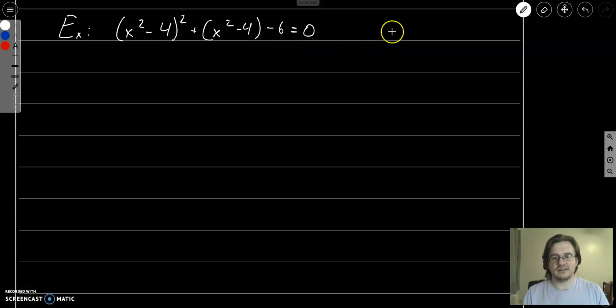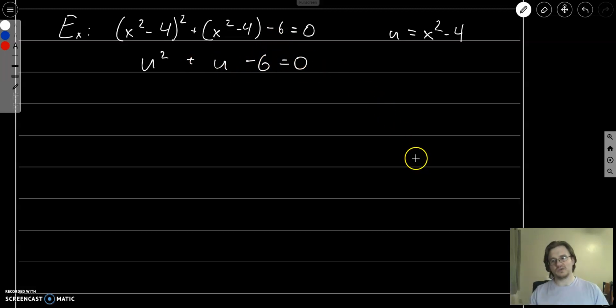If I let u be x squared minus 4, I can replace this x squared minus 4 with u, and I have another quadratic equation. This is going to be a common theme: you can make an equation look simpler by replacing something that shows up with another variable.